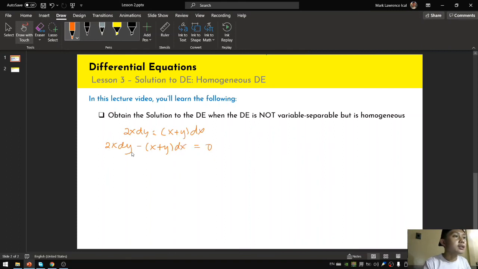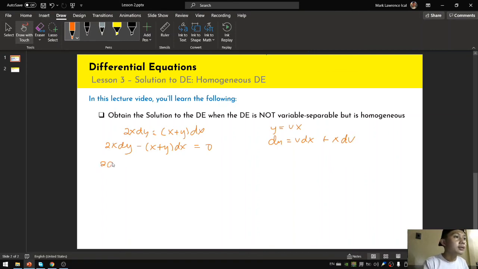So, looking at this, ang hirap, no? Kasi parehong simple. Pero mas simple talaga ito. So, ibig sabihin, again, remember, y is vx. And dy is equals to v dx plus x dv. Okay? So, substitute natin.